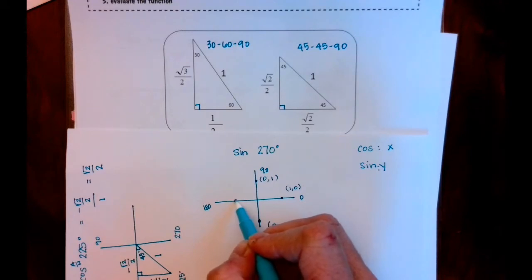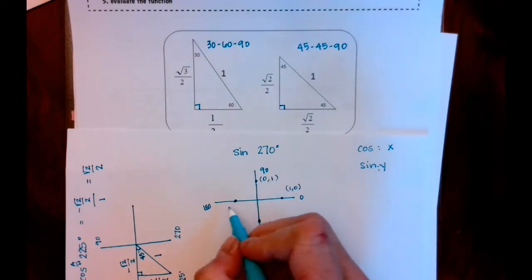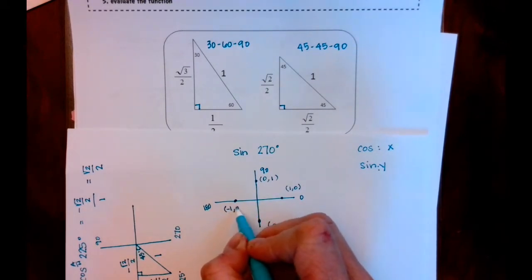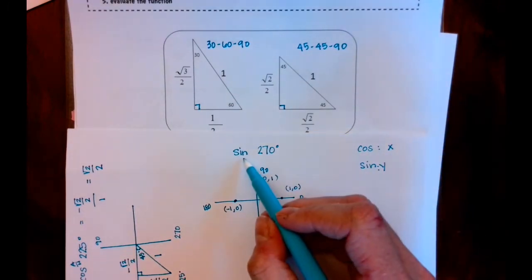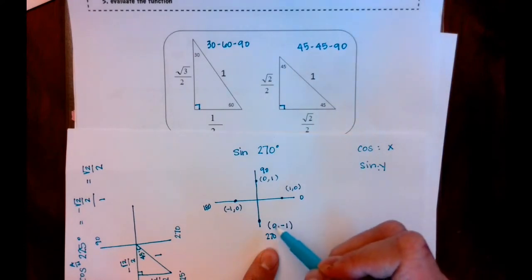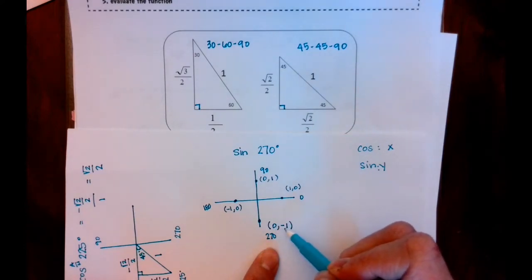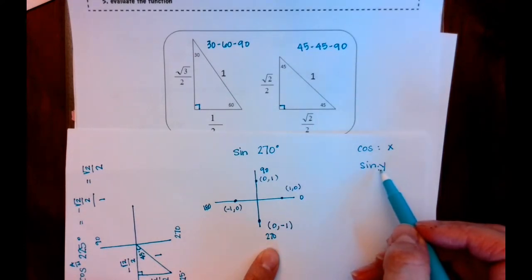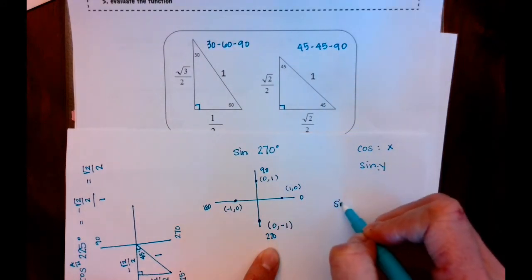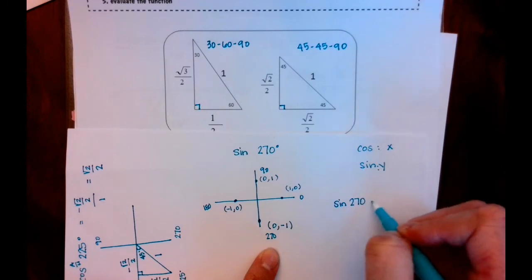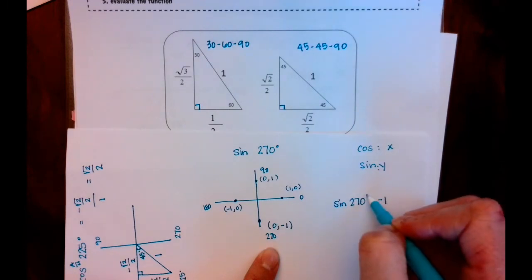Point over here to the left on that circle that has a radius of 1, that would be -1, 0. So sine of 270, here's 270 down here, that ordered pair is 0, -1. Sine is the y coordinate. The y coordinate down there is -1. So sine of 270 is -1.